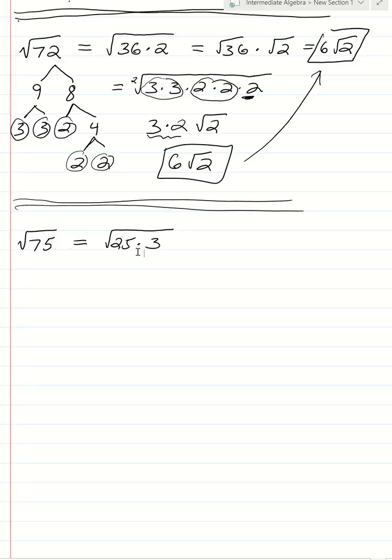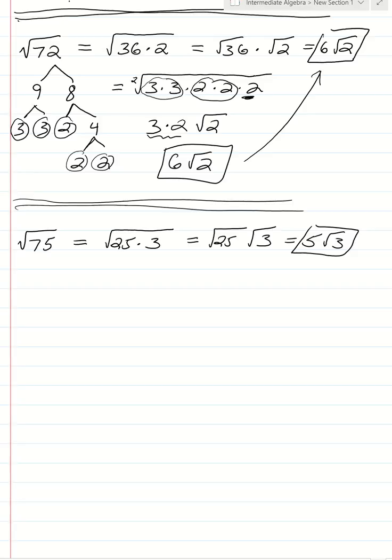Since 25 is a perfect square and 25 times 3 equals 75, we're good to go. And so now I'm going to use that property of multiplication, and I will take now the square root of 25 as well as the square root of 3. And the square root of 25, that's a perfect square. So now that would give us just 5 square root of 3. And that would be your simplified radical.